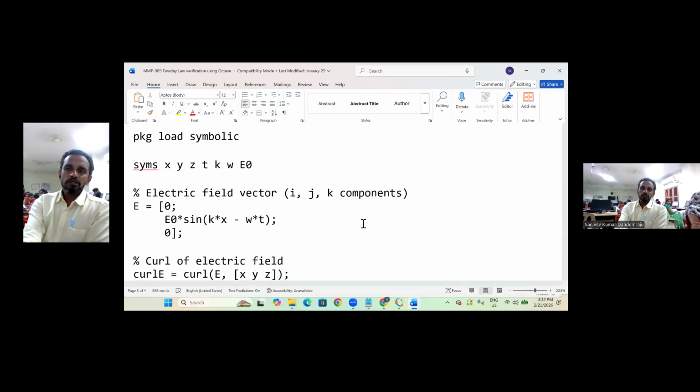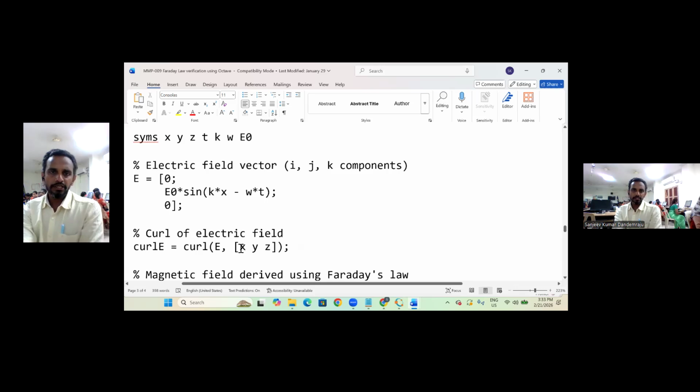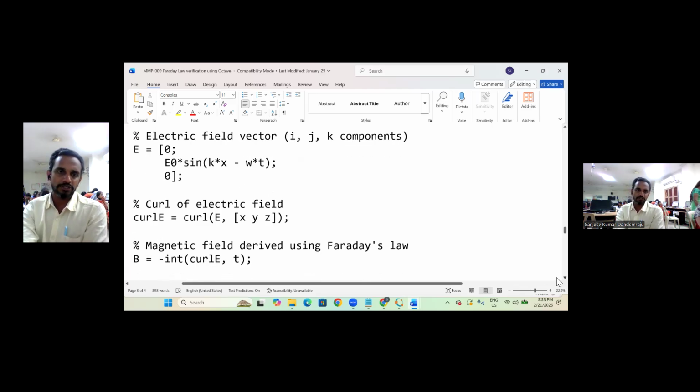And I'm calculating the curl of E. Curl is a built-in function, and we have to give it the vector and the variables: curl of E, square brackets, x, y, z.